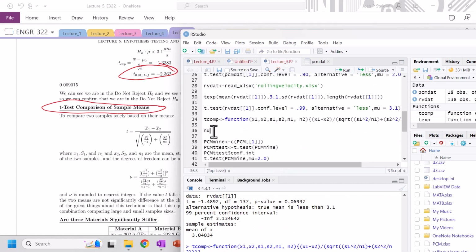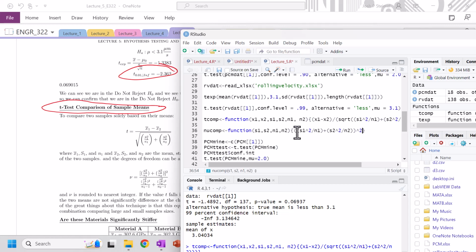We also need our new comp. So we need to calculate our degrees of freedom. So I'm going to do a function of S1, S2, N1, N2, and it's very ugly. So we're going to do parentheses S1 squared divided by N1 plus S2 squared divided by N2, and then we're going to square that whole thing.